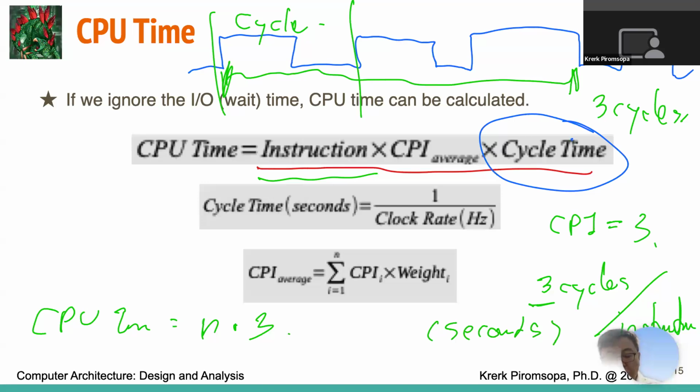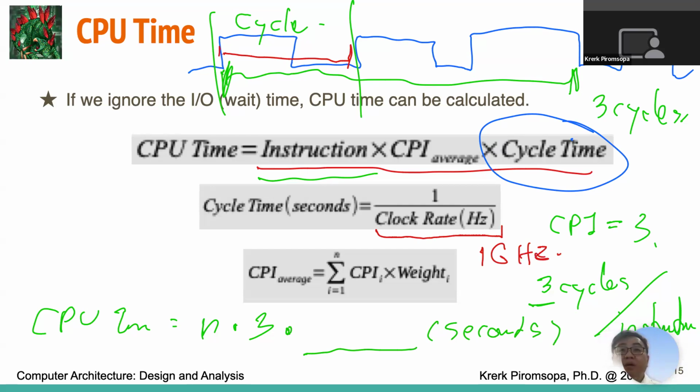So we have to know the cycle time, meaning how long it takes for a clock to have 1 cycle. That's the cycle time. And when you say that your processor is, let's say, 1 gigahertz, what does it mean?